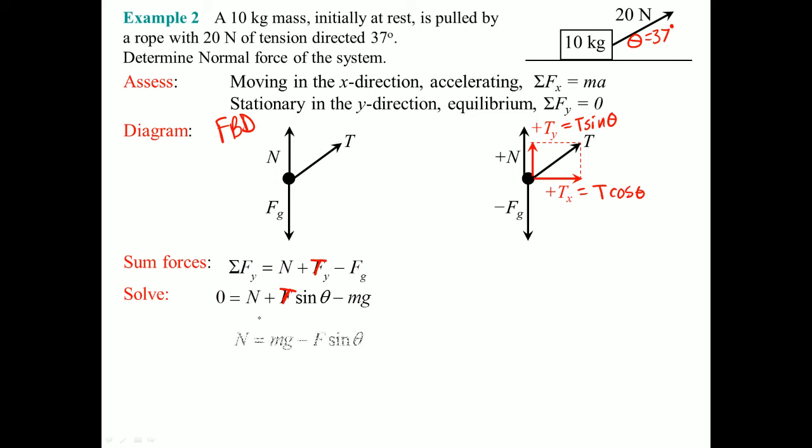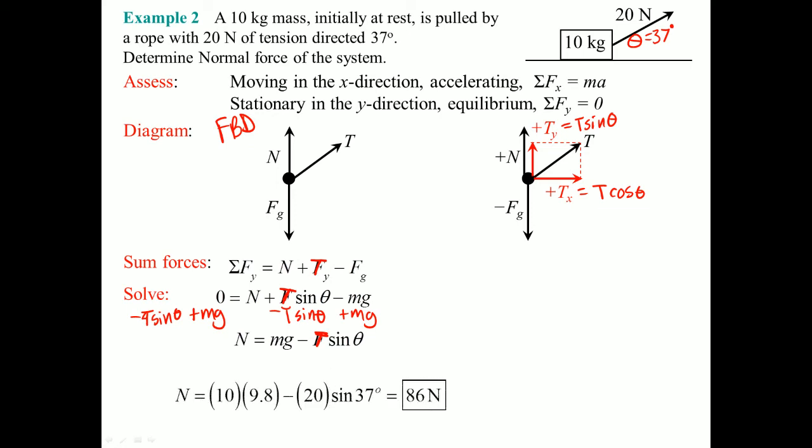Here's some algebra. All they did here is add mg and subtract T sine theta to the other side. So they add mg here to cancel it. Then they have to subtract T sine theta here, and they subtract T sine theta here. That's how they got here. So this should be N is equal to mg minus T sine theta.